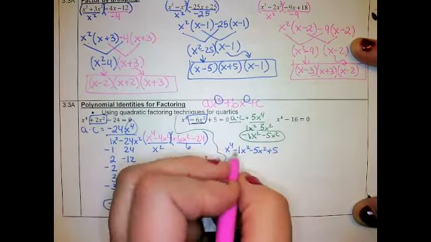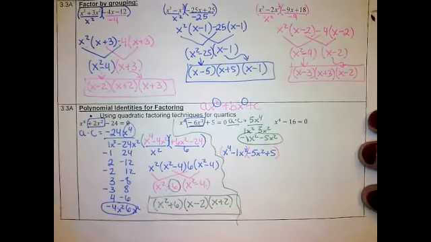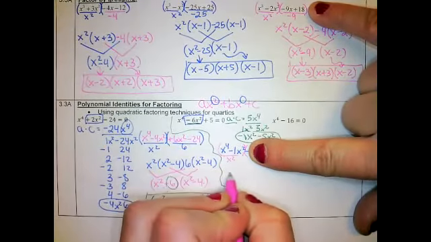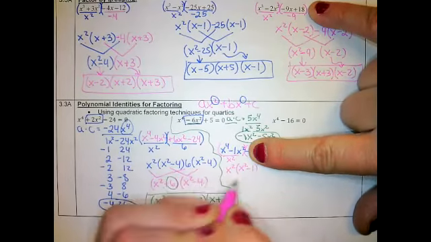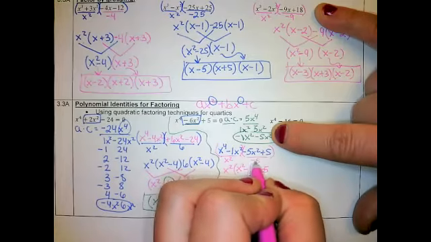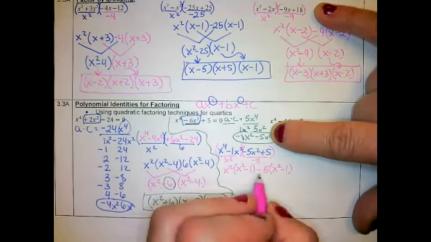Now I can do my factor by grouping because I have 4 terms. So I can pull an x squared out of here, and that leaves me with an x squared minus 1. I can pull a negative 5 out of here, and that leaves me with an x squared minus 1.